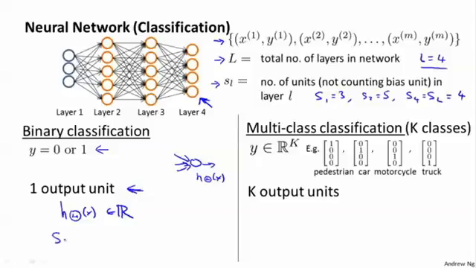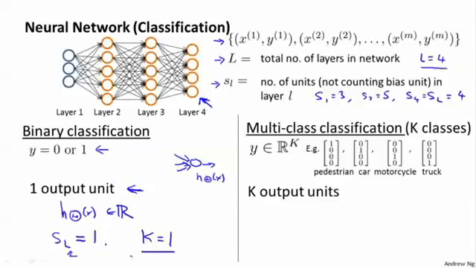The number of output units S_L, where L is the index of the final layer, is going to be equal to 1. In this case, to simplify notation later, I'm also going to set K equals 1. So you can think of K as also denoting the number of units in the output layer.